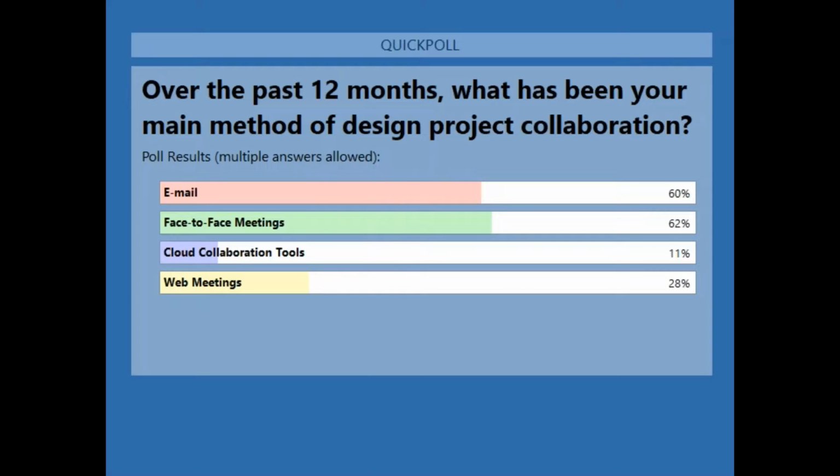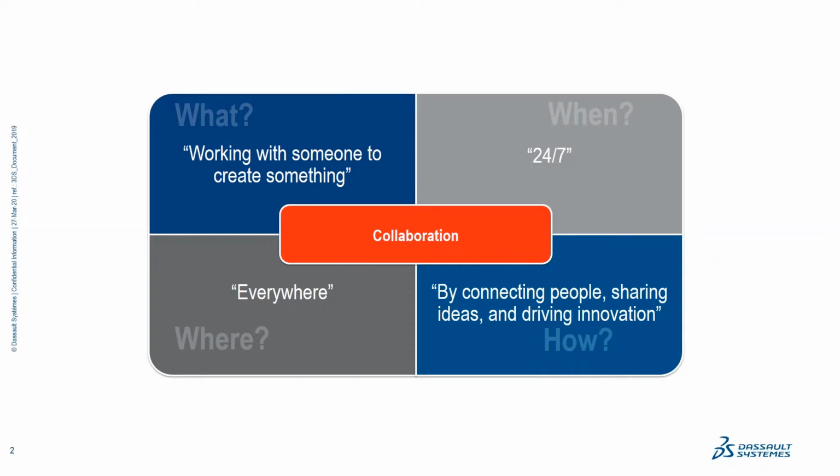We'll share the response. So it's pretty typical amongst product development companies, design and manufacturing companies, and really many different industries. Email is pretty common, face-to-face meetings, and that's pretty typical of what we see.